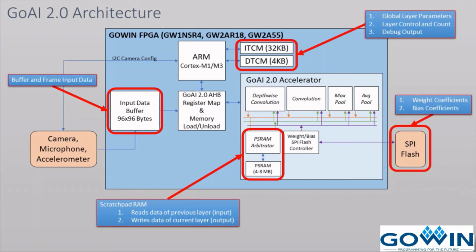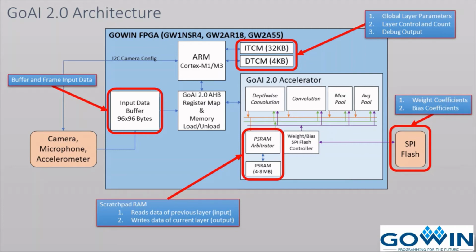So the NPU utilizes the extended PSRAM of around 8 megabytes to hold the input and output layer data. And the first layer of a model is always that initial camera, microphone, or accelerometer data.